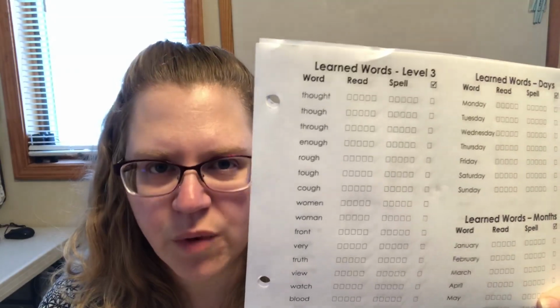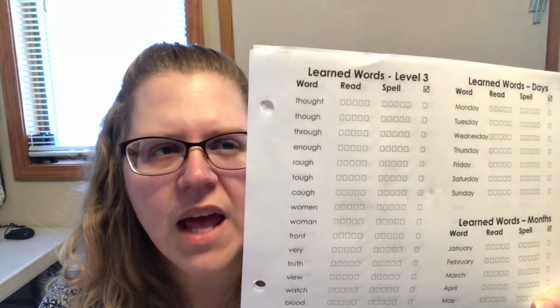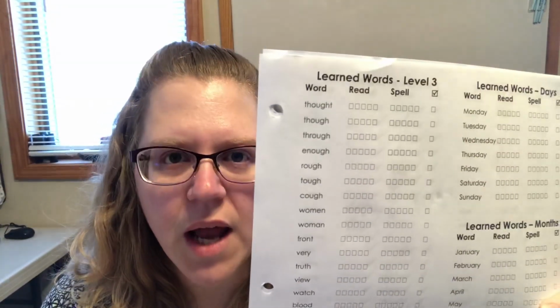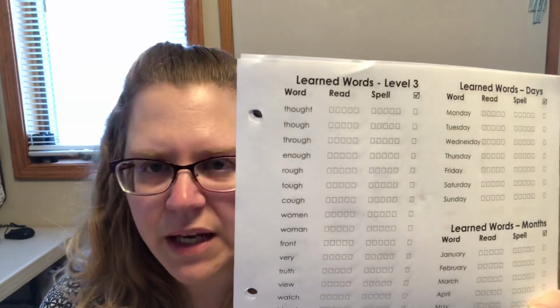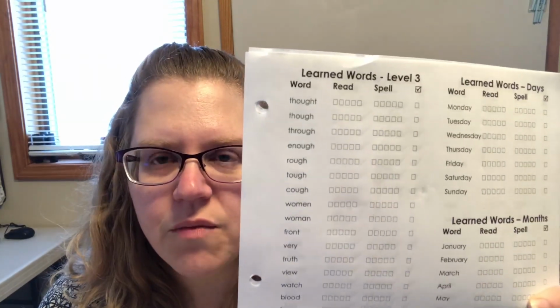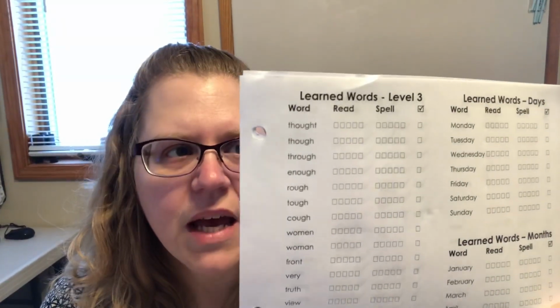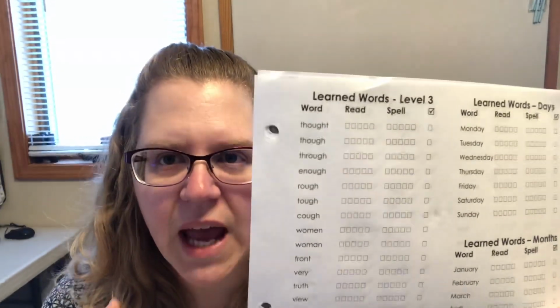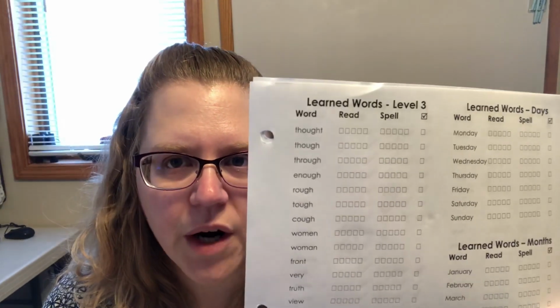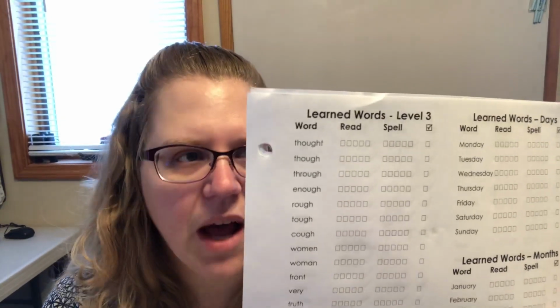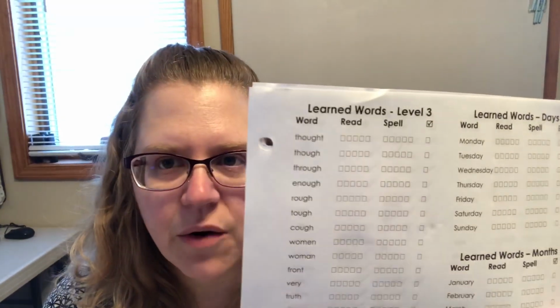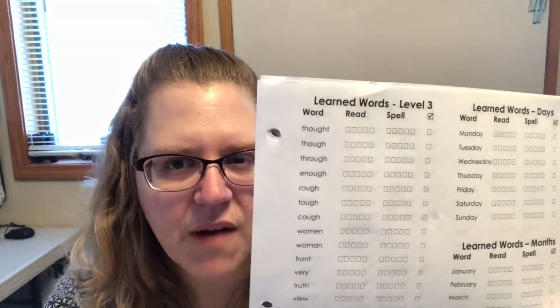Then once they've mastered reading that word and being able to decode it, we want them to work on spelling it. So I put 5 boxes, because each time they successfully read that word, I'm going to give a check, and then they graduate from that word and it moves on to the spelling pile once they've successfully decoded it automatically 5 times.